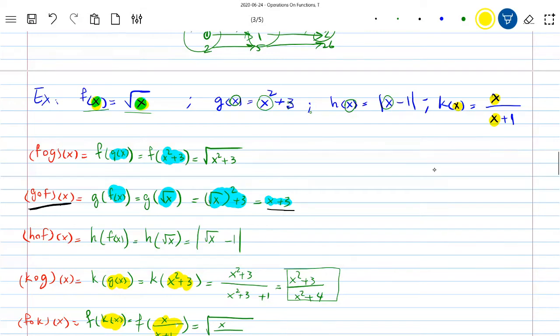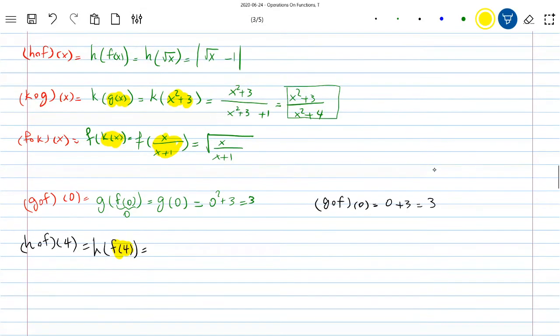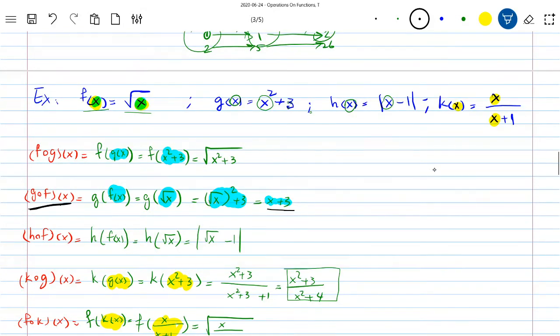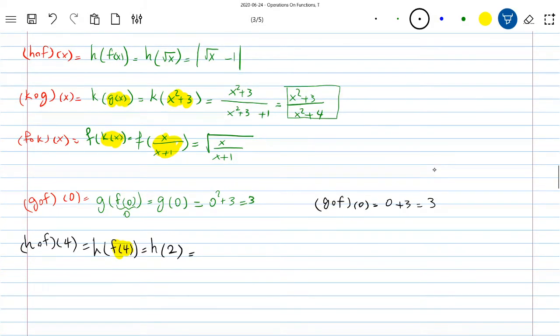Into the function f, I replace 4. The square root of 4 is simply 2. So h of f of 4 becomes h of 2. Then I replace 2 into the function h. You will get the absolute value of 2 minus 1. What is that? It's simply 1.